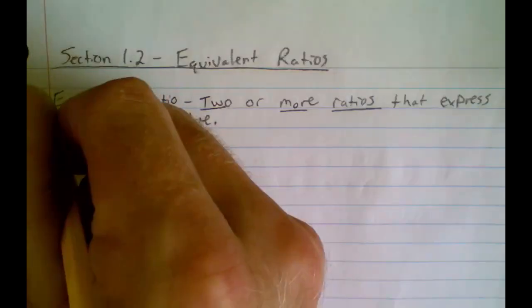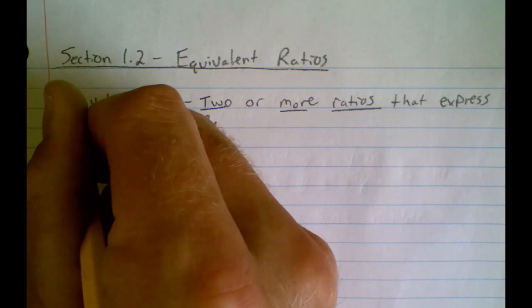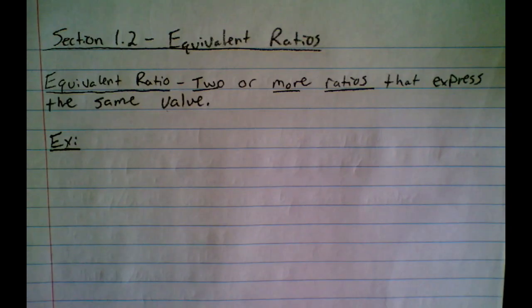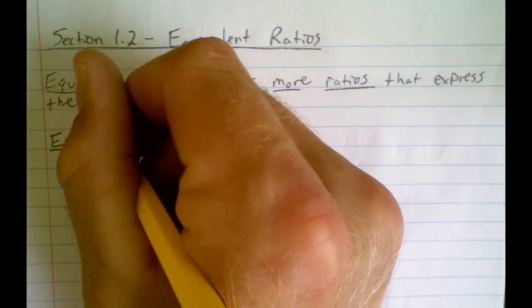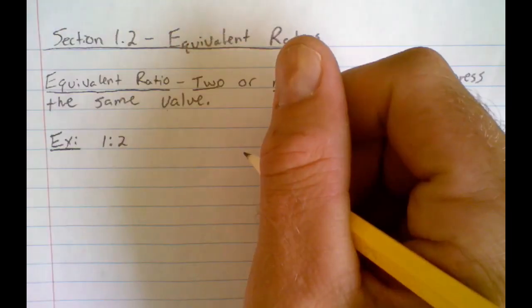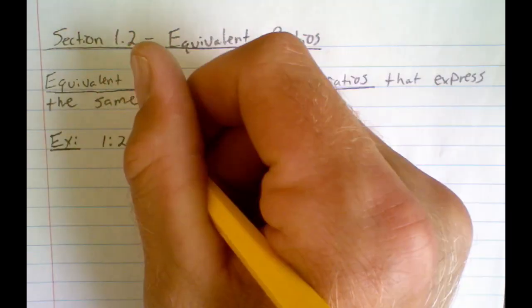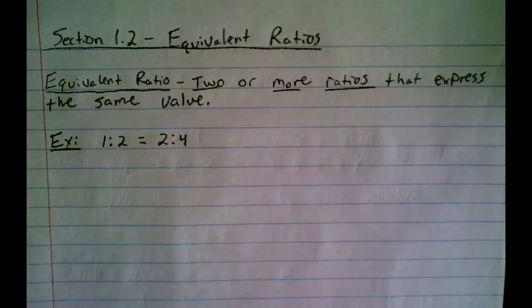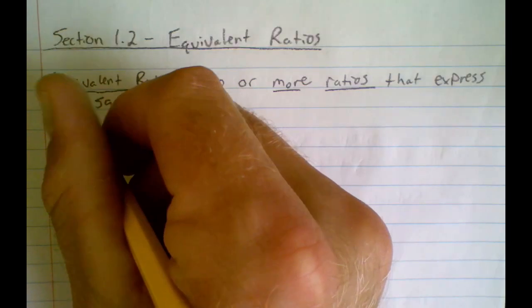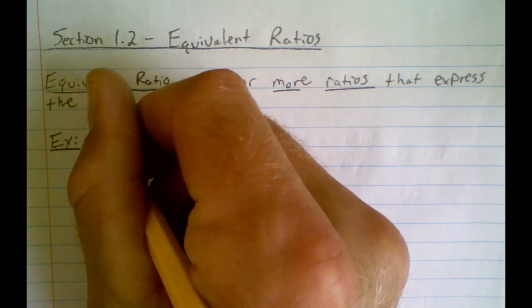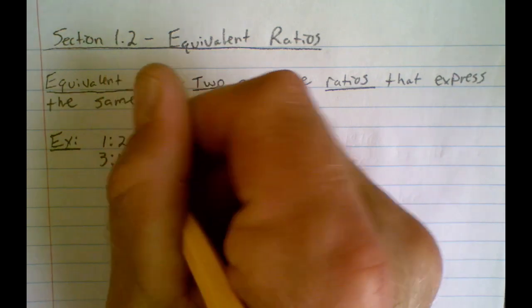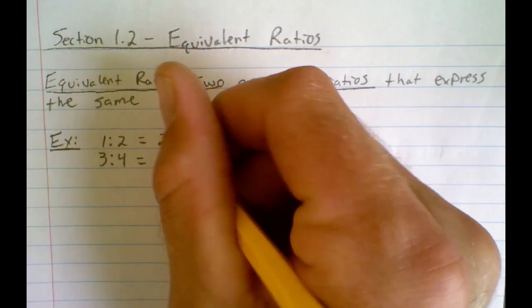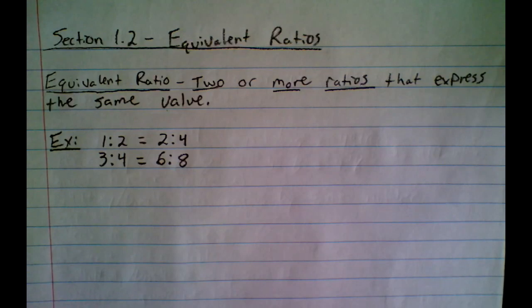So what are a couple examples? Just go and write EX right here. Next to your EX, write the ratio 1 to 2. 1 to 2 is equal to the ratio 2 to 4. And ratio 3 to 4 is equal to ratio 6 to 8.